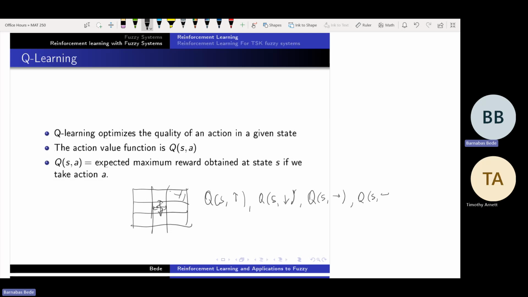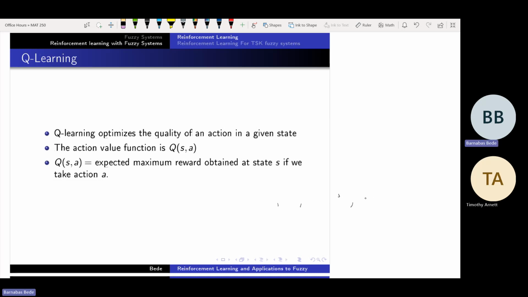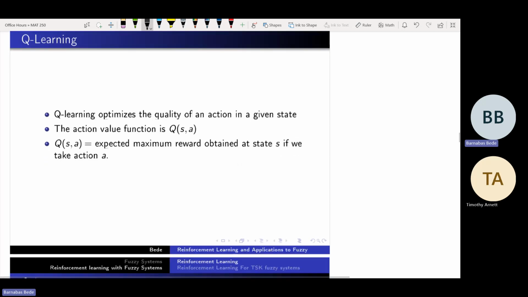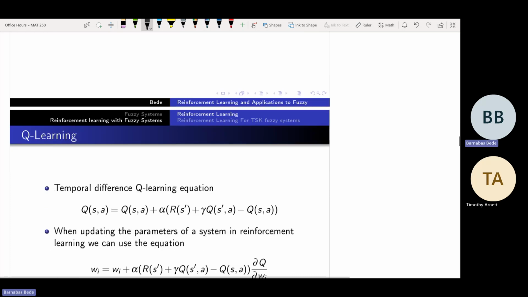So we have an action value function for each action and each state. This is a large matrix where you have different action value functions for different actions taken.